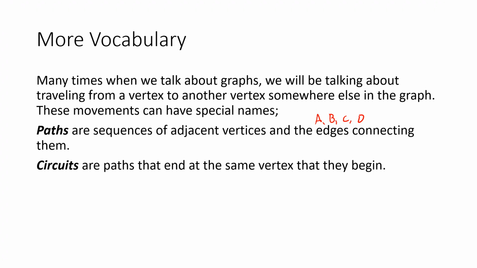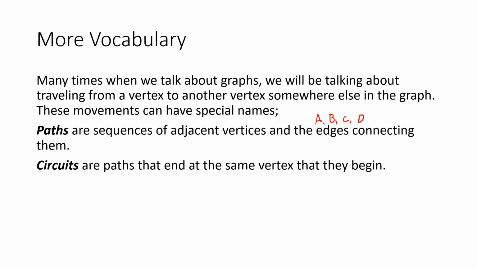Now we do have a special kind of path called a circuit. If you've ever played Mario Kart, you know what a circuit is, or if you ever knew anything about electricity. A circuit is just a path that ends where it started. Like Mario Kart, the finish line is usually where you started.